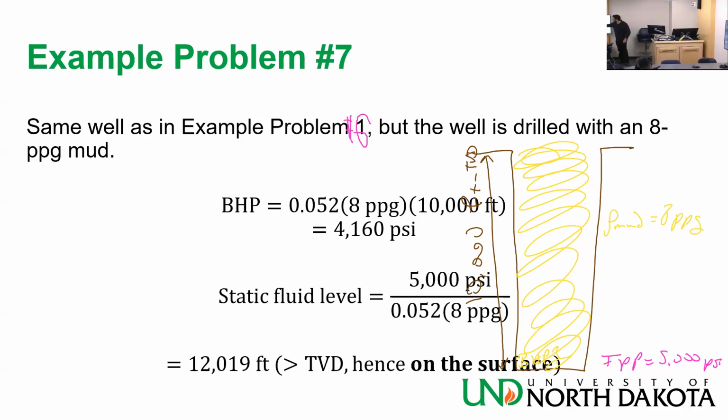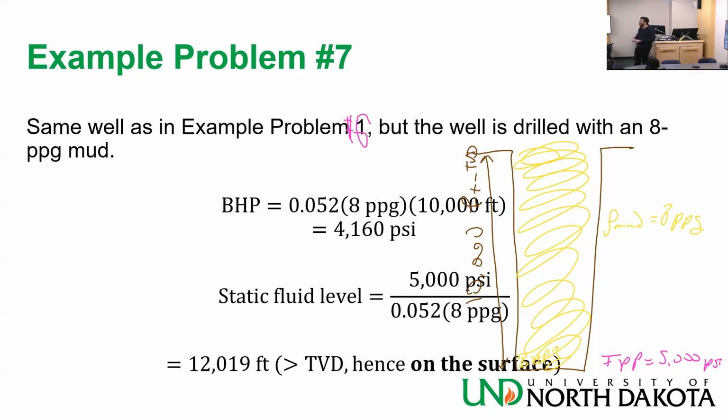If you do 4,160 minus 5,000 divided by this, you are going to get minus 2,019, something like that, which is an indication that you are 2,000 feet above the surface. That's something unnatural, right? You understand that is a non-physical answer.